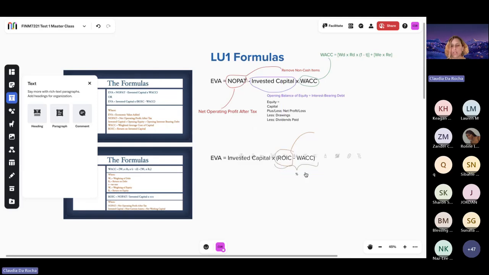Your ROIC, your return on invested capital, and your WACC are both percentages. So you're saying, what's the difference of percentage times my invested capital? And then your return on invested capital is a formula.